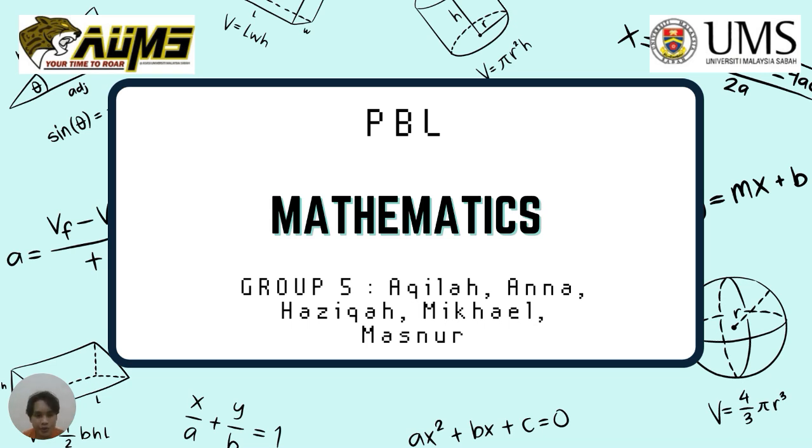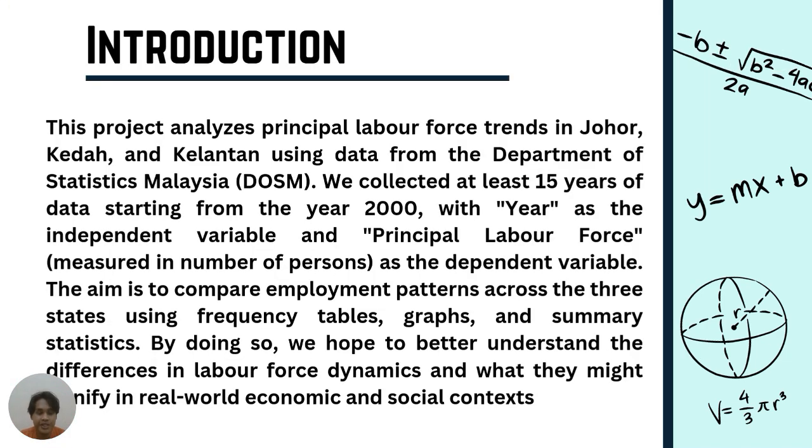We from Group 5 Tutorial 2, consisting of Akila, Hazika, Mikael, and me, Masnur, are going to present our project on PBL mathematics on statistics. For today's project, we are going to present our analysis on principal labor force trends in three states in Malaysia, which are Johor, Kedah, and Kelantan.